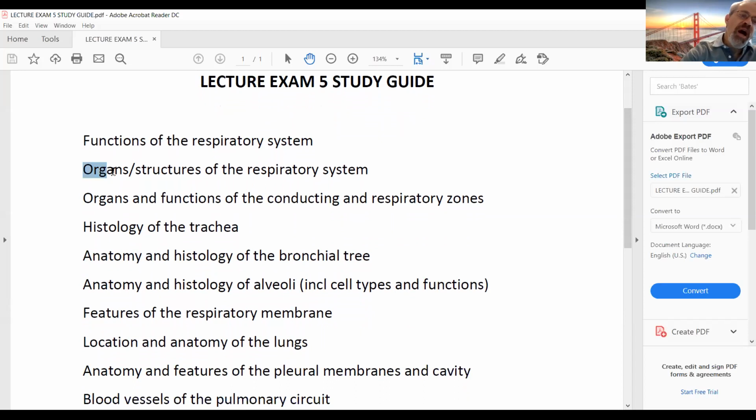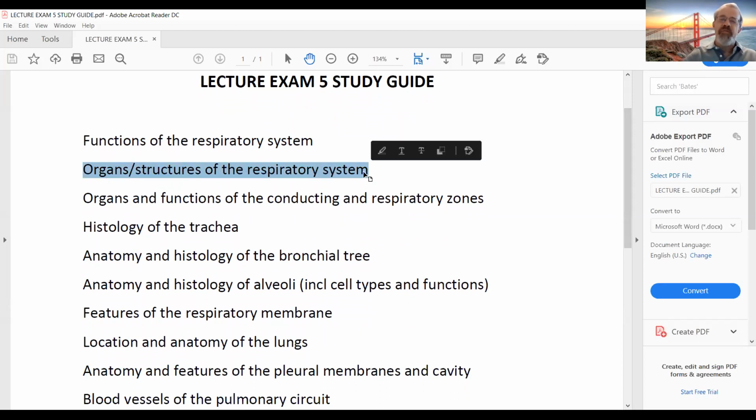So to accomplish everything that we need, of course, with all those different functions, we have several different organs. So you need to know the different organs of the respiratory system. Now, I mentioned it starts off with the nose. We didn't really talk about nasal anatomy, but you should know that it is part of the respiratory system, as is the pharynx and the larynx.